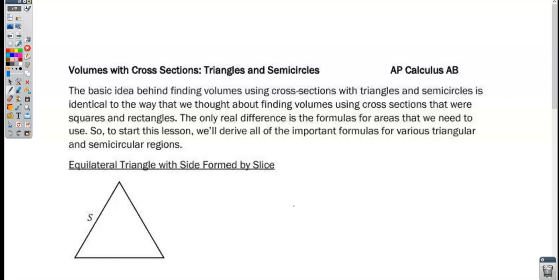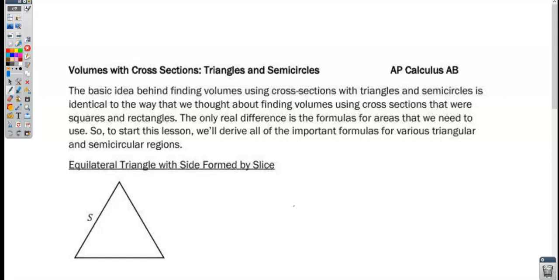Now certainly, with triangular and semicircular cross-sectional areas, you can draw a picture every time and use the things that you know about triangles or semicircles to develop these formulas every time you need them. Or if you can remember the common formulas for the most common types of triangles and for the semicircle, that can save you a little bit of time.